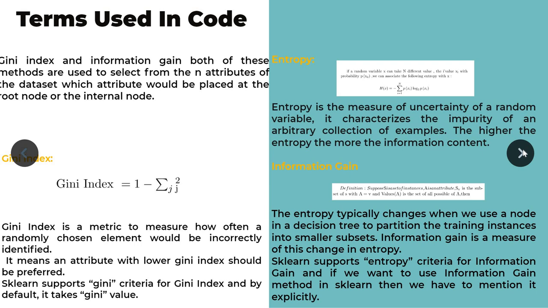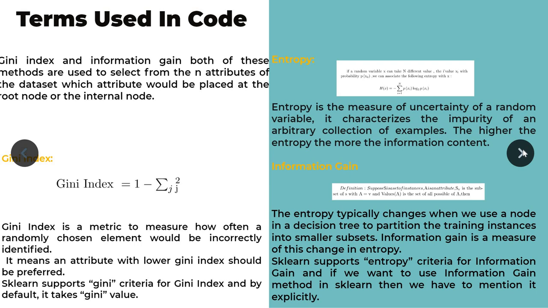Gini index is a metric to measure how often a randomly chosen element would be incorrectly identified. It means an attribute with a lower Gini index should be preferred. sklearn supports the gini criterion for Gini index and by default it takes the gini value.